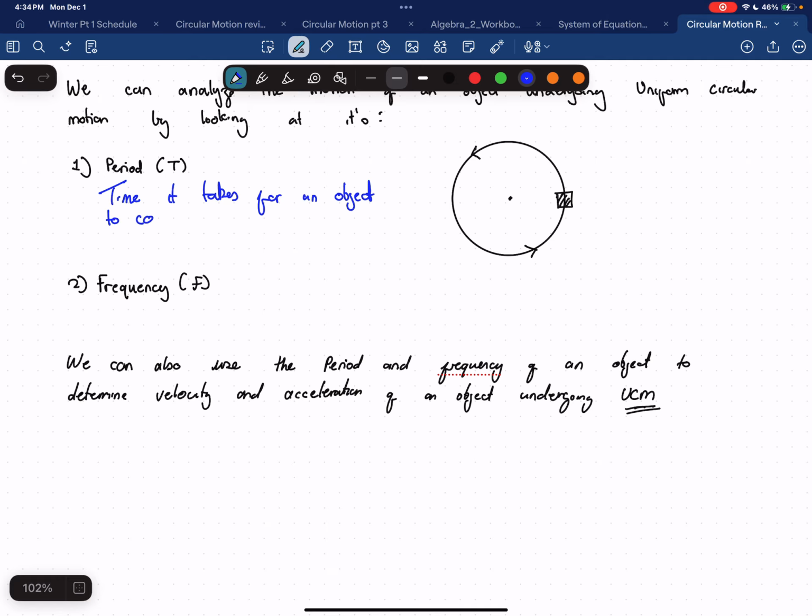The time it takes for an object to complete one revolution. And you might ask what a revolution is. A revolution is just, think of it as a lap.